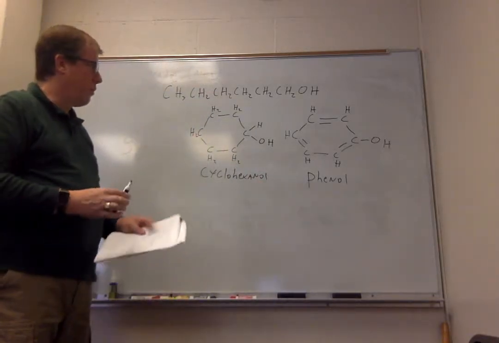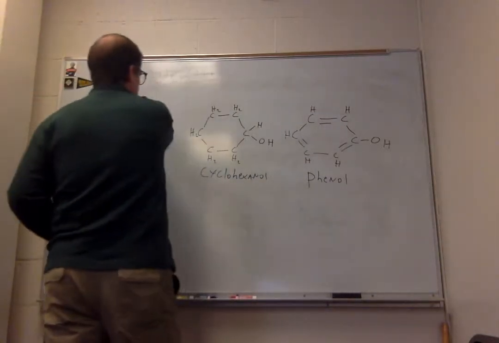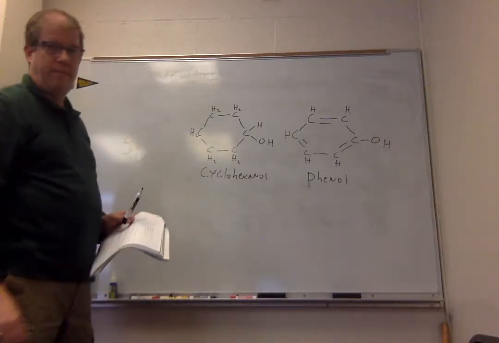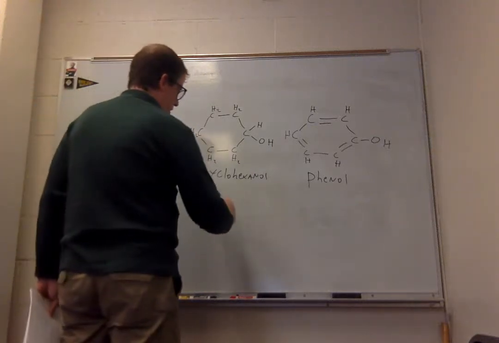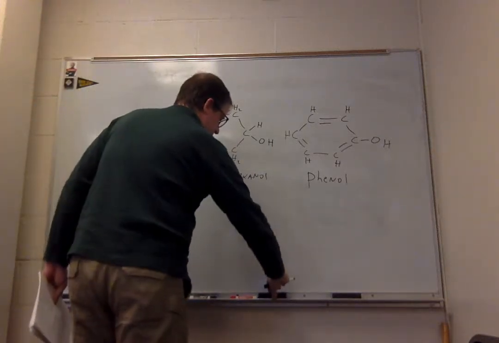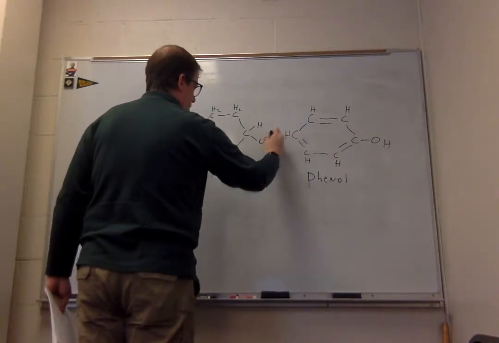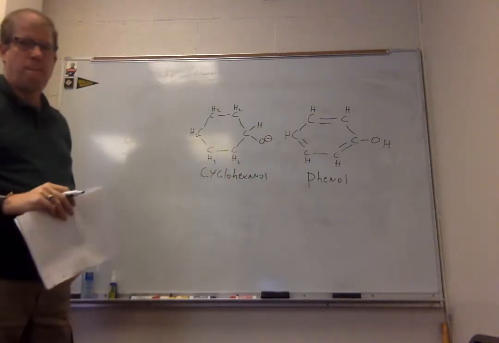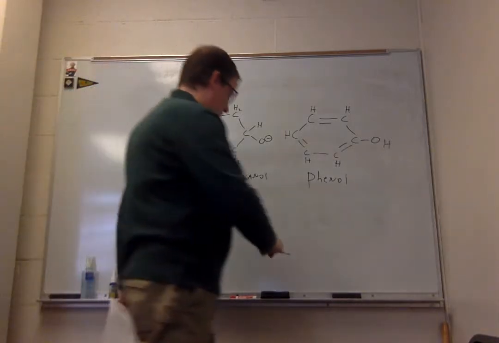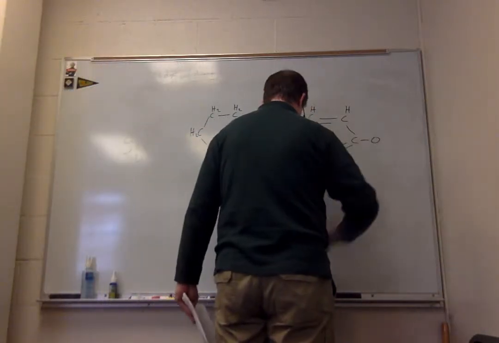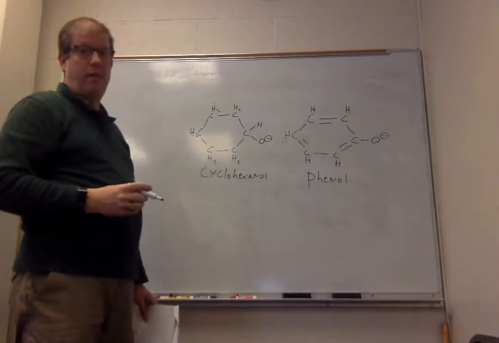The answer has to do with the stabilization of the conjugate base, right? So if I were to deprotonate cyclohexanol, what I would get would be this. There's a negative charge here. When I deprotonate phenol, I get a negative charge there as well.